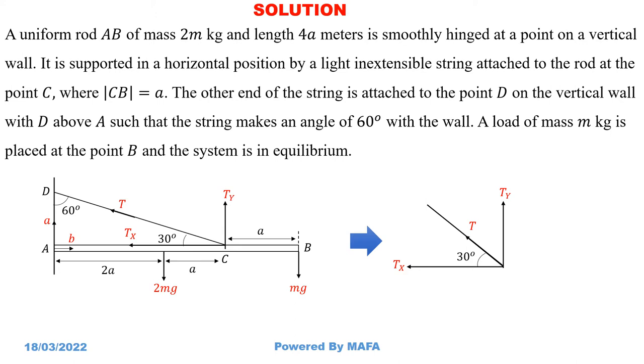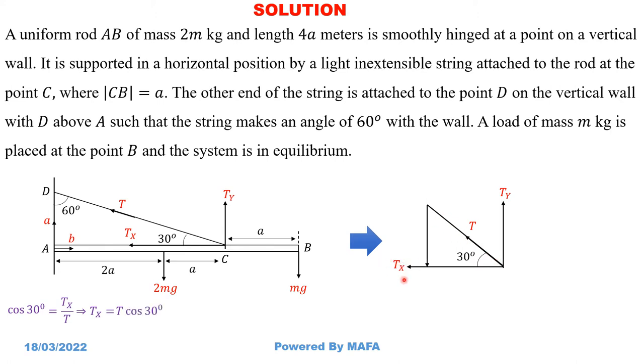Okay, now we can use a suitable trigonometric ratio to find the vertical and the horizontal components. So cosine of 30 degrees is equal to, we know cosine of an angle is the adjacent of that angle over the hypotenuse. So we have the adjacent, which is Tx, divided by the hypotenuse, which is T.